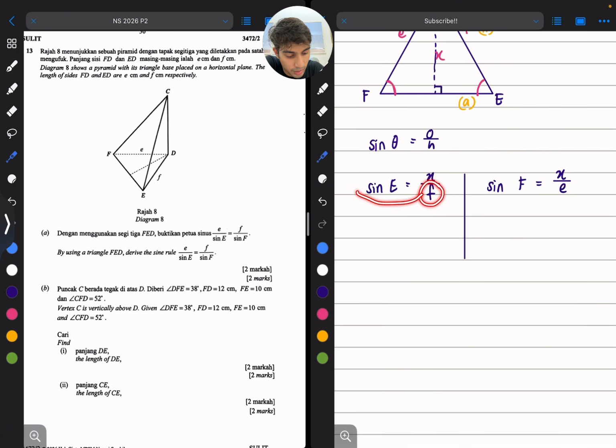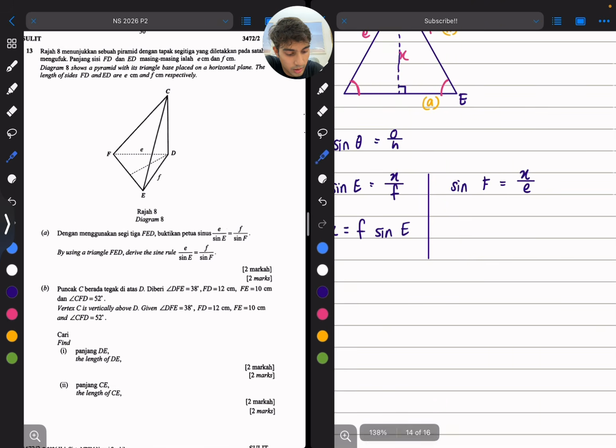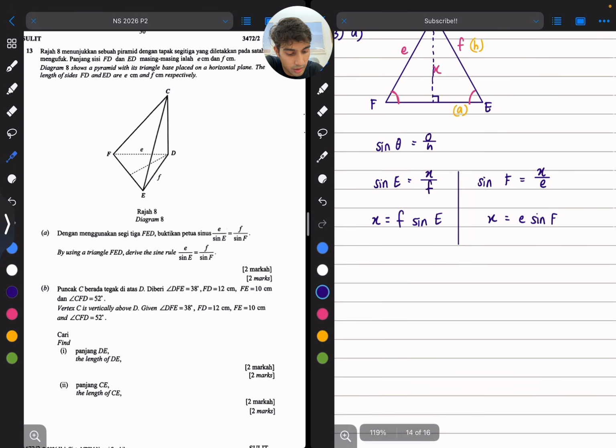So F you times here, X will become F sine E. Here so we times the E here, X will become E sine F. Since now we have X is this and X is also this, we can say this equals to this. So F sine E equals to E sine F.